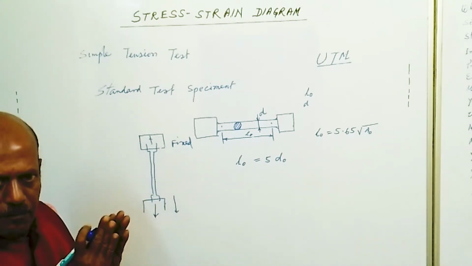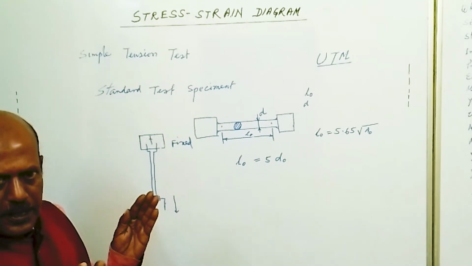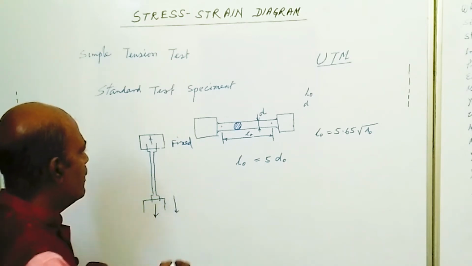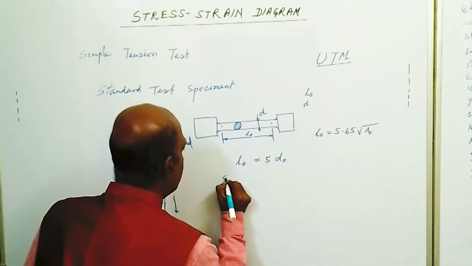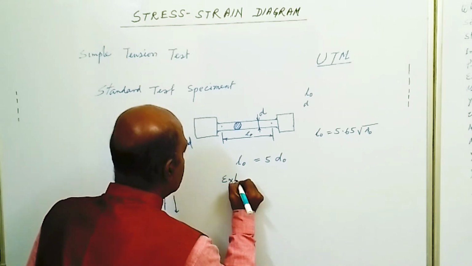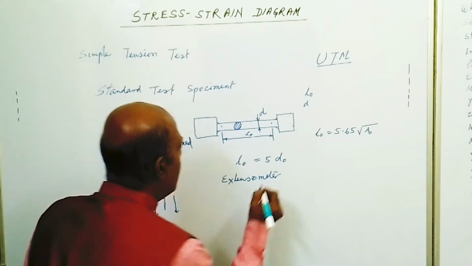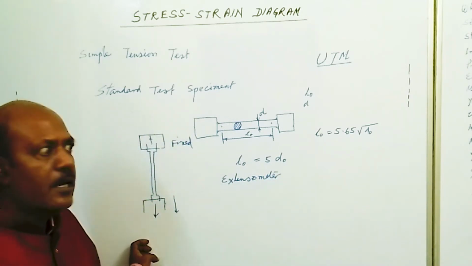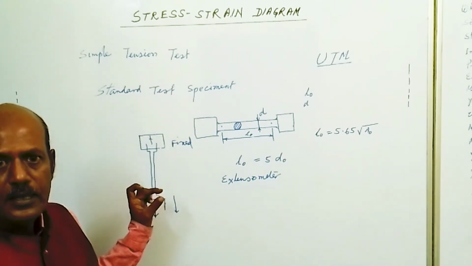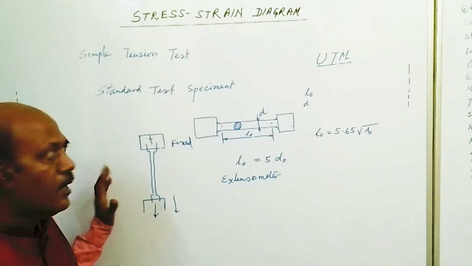Thereby the member will extend in its size, and that extension is measured with the help of an instrument called an extensometer. With the help of the extensometer we can measure the extension produced in the body under load.